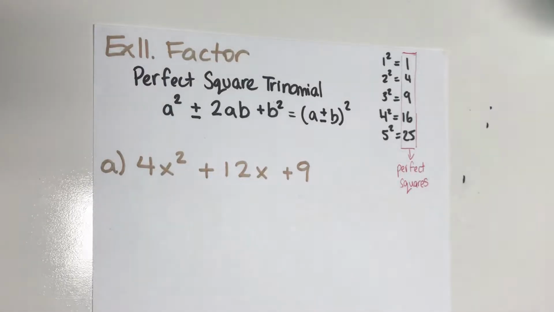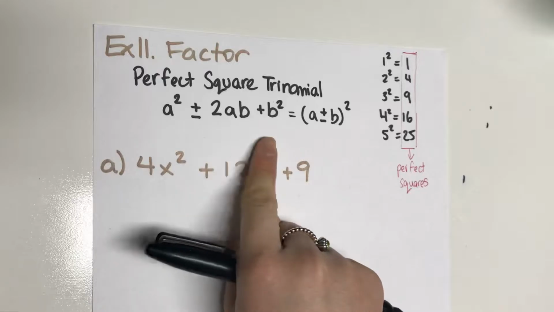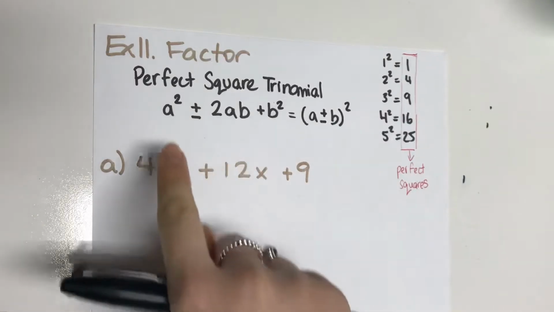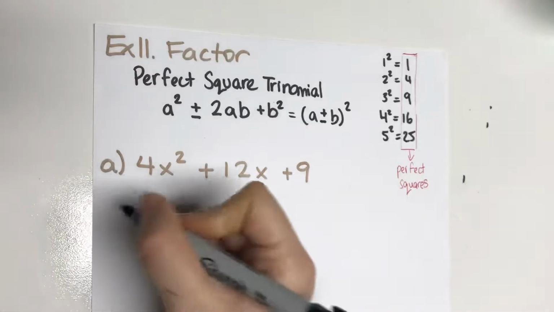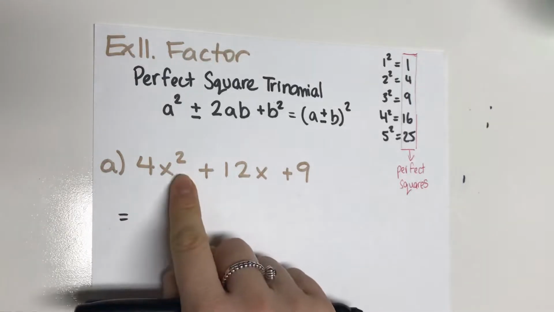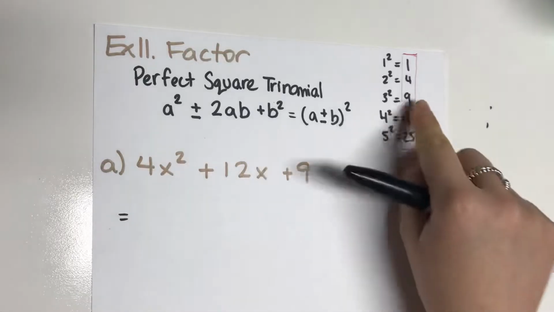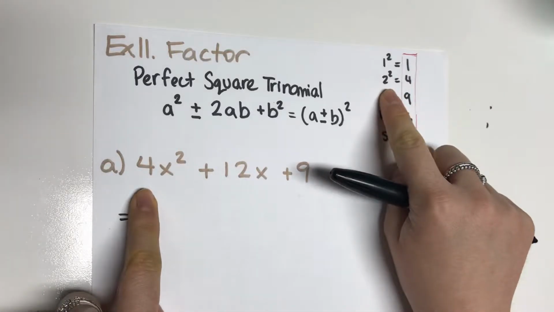So let's take a look at what that looks like. If I have 4x squared plus 12x plus 9, I'm going to try to rewrite it to look like this above. So I want to write it as a base to the power of 2. So 4x squared, 4 I get by multiplying 2 by itself.